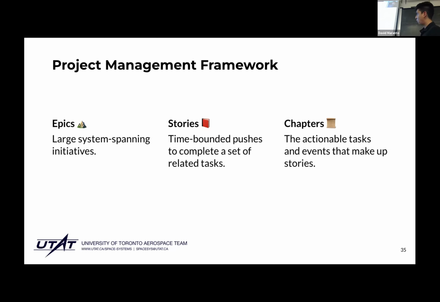A story within it might be the ADCS all-in-one versus commercial off-the-shelf composite decision that Kang's team is working on right now. And a specific chapter within that story might be the investigation into alternative all-in-one ADCS modules. So that's the breakdown of the way that we structure our tasks on the team.